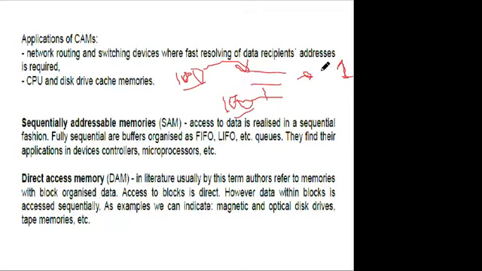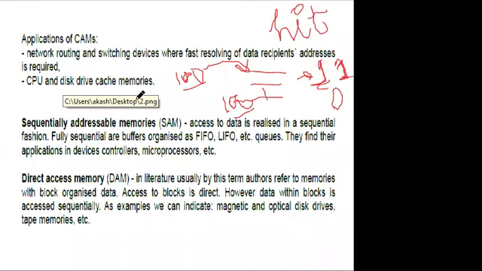It is holding 1. So this part will represent the data held, and this part will represent that the address is present in this memory. That will be regarded as a hit. If the address requested by the processor is not present in this memory location, it will be regarded as a miss, and the output will be produced accordingly.